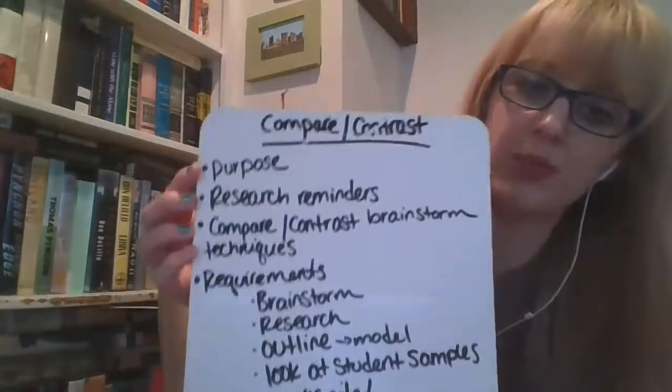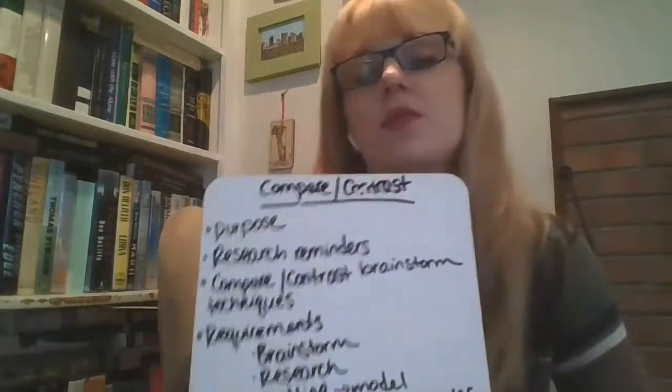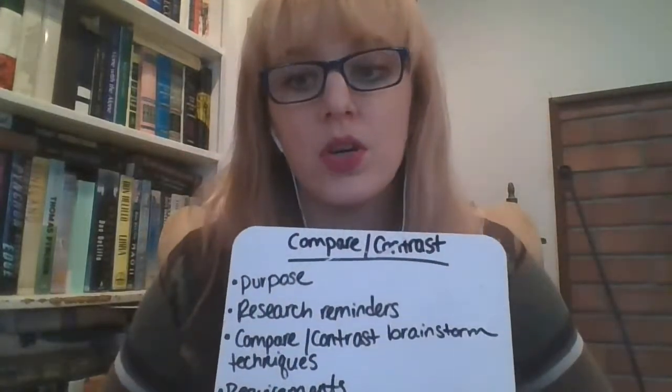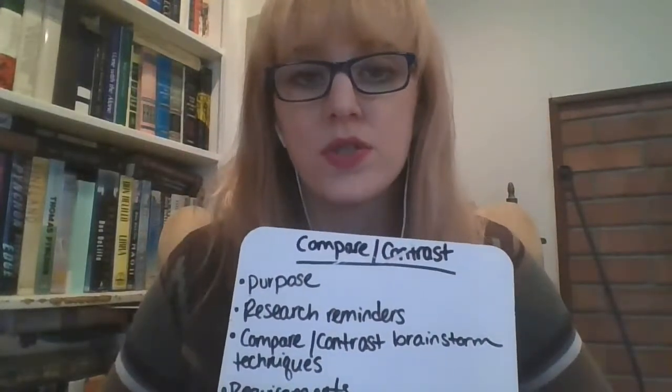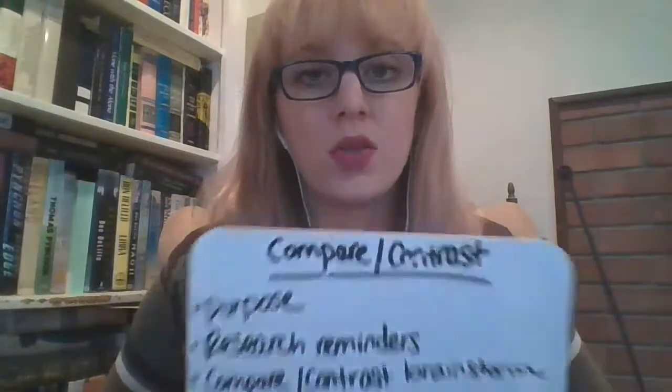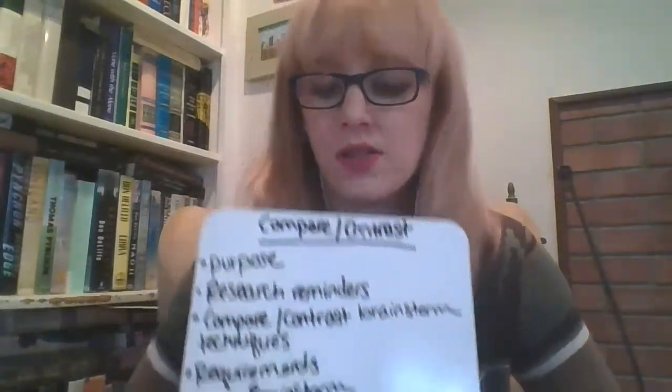Okay, so the next thing, we already talked about the purpose of the paper. We want to get some different perspectives or different authors, different sources on a topic that you are interested in related to mass incarceration and police brutality.